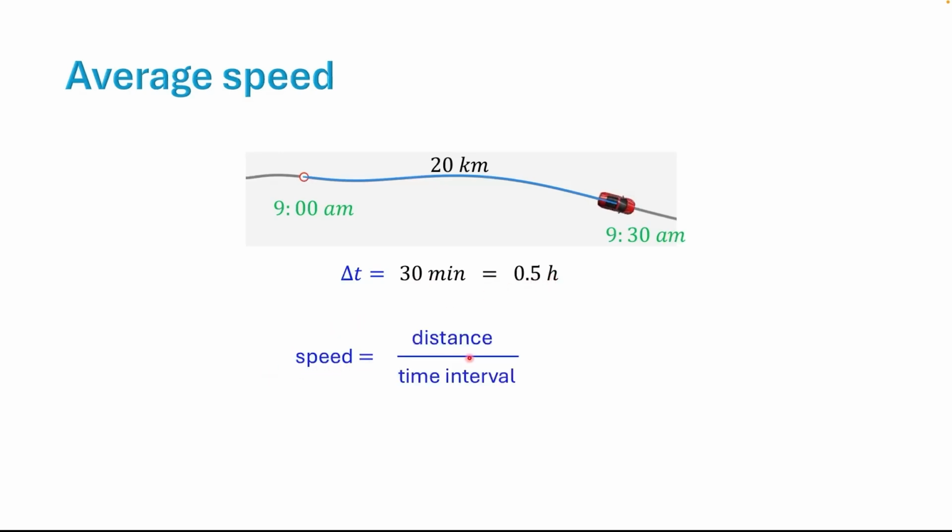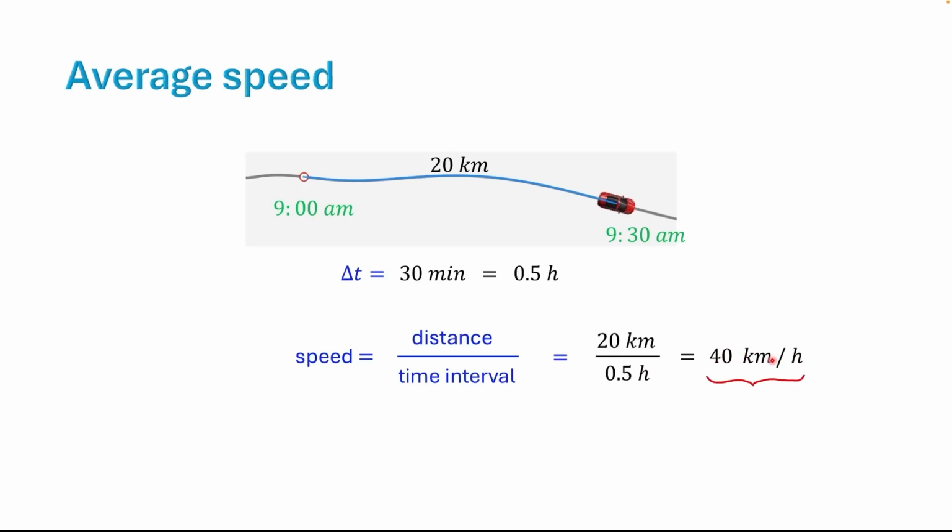Now, use this formula to find the speed, is equal to distance, 20 kilometers, divided by time interval, 0.5 hour, is equal to 20 divided by 0.5, is 40. The unit is kilometers divided by hour. So, the speed is 40 kilometers per hour.